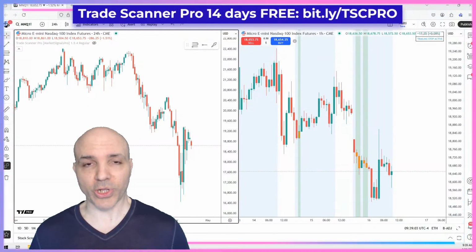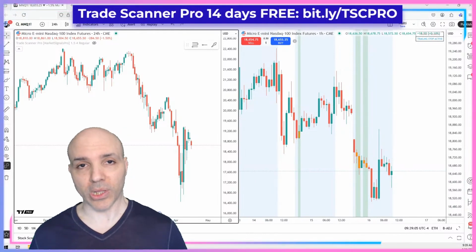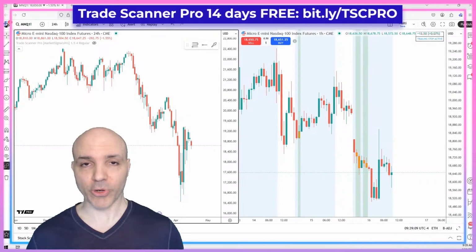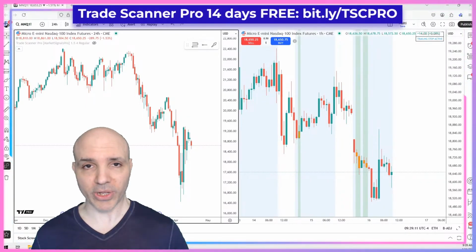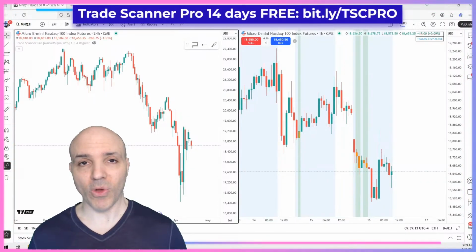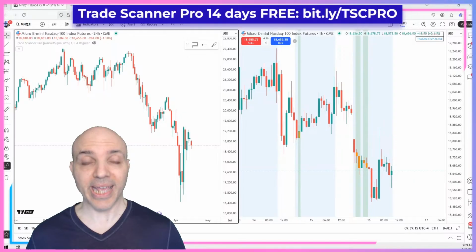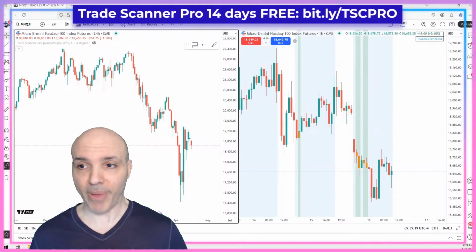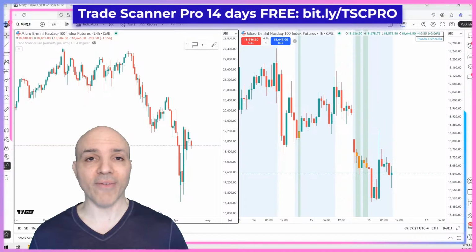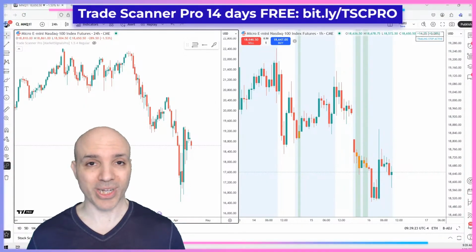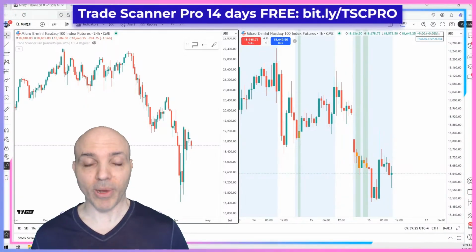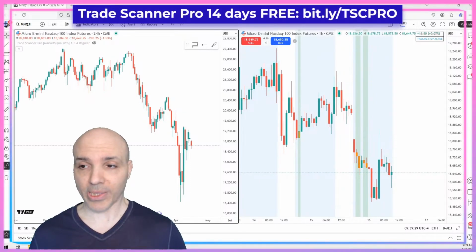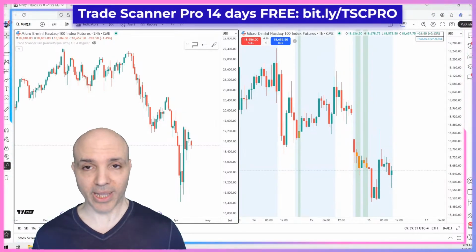What we're trying to do is align our smaller picture with the intent of the bigger picture so that we can take a higher probability trade. The Trade Scanner Pro helps us confirm that, defines our risk, and gives us a profit objective based on the current movement, so we have an idea of where we should get in and where we should get out. But we want to be aligned with the bigger picture, and that's why we have to look at context first.